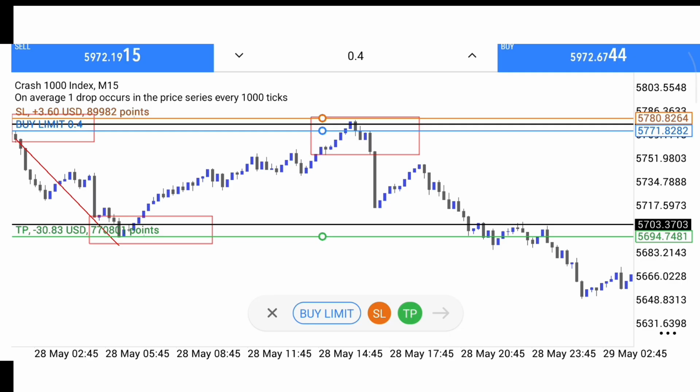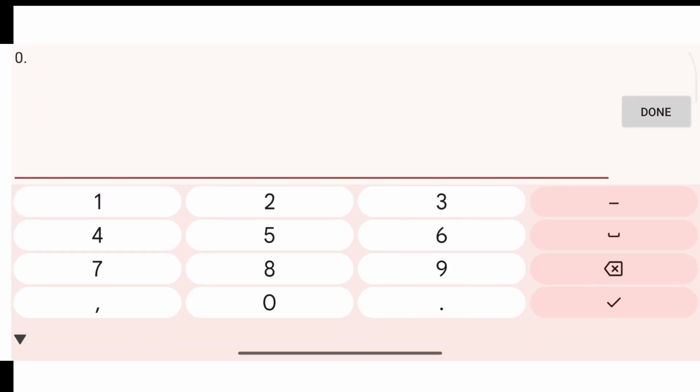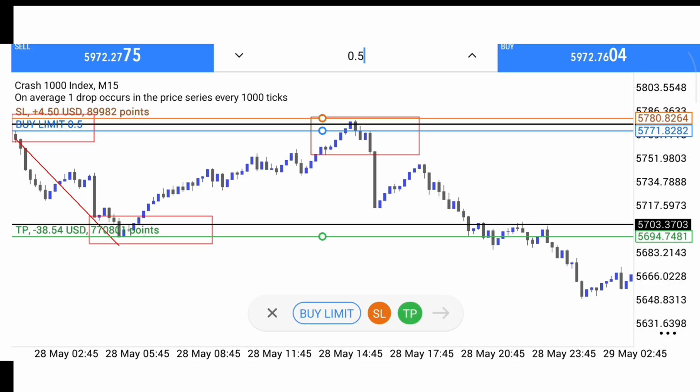$3.60 in a very short time will be giving you $30 as profit. Let's imagine you now went ahead and this is 0.5, 4.50. You're making $38.